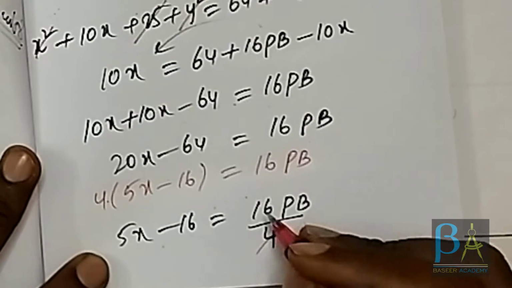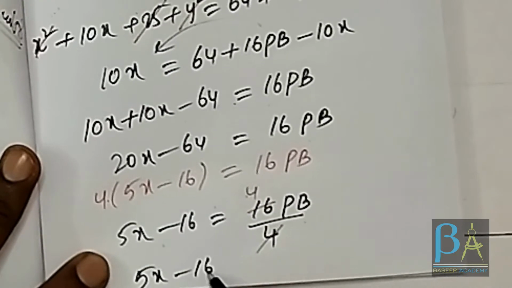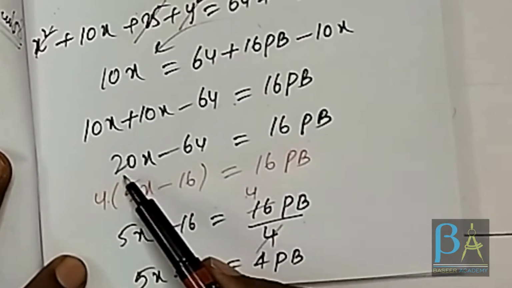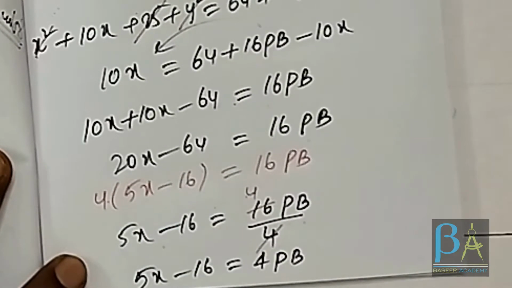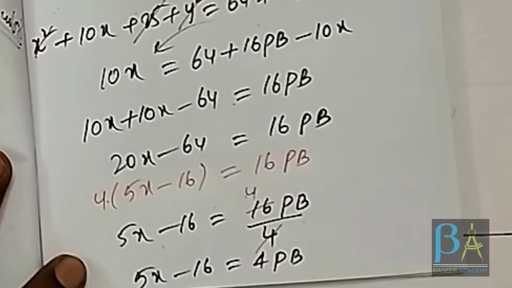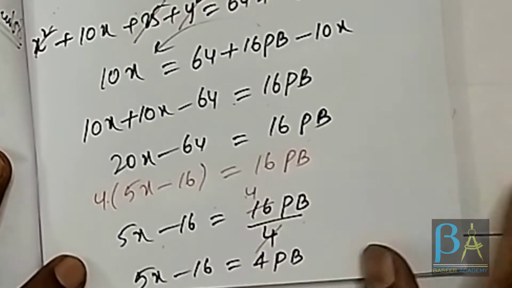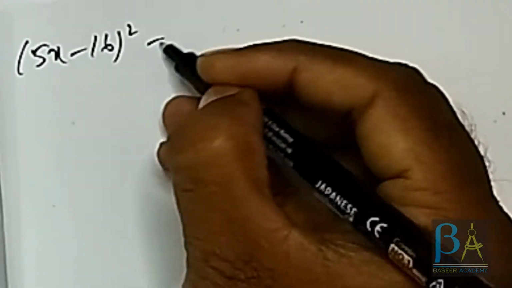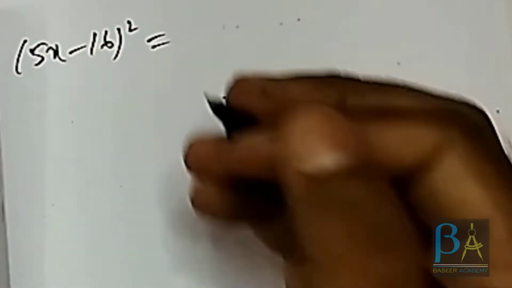Now you can cancel, so you are now left with 5x minus 16 is equal to 4 PB. Previously I had little bigger numbers, but now I have pretty small numbers to deal with. Let us square this equation on both sides. So I'm going to square the left hand side, and then I'm going to square the right hand side.